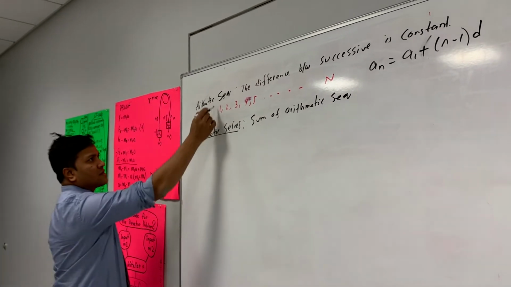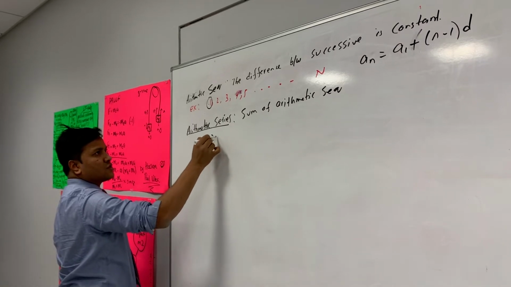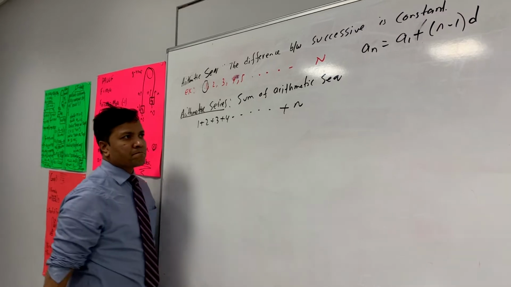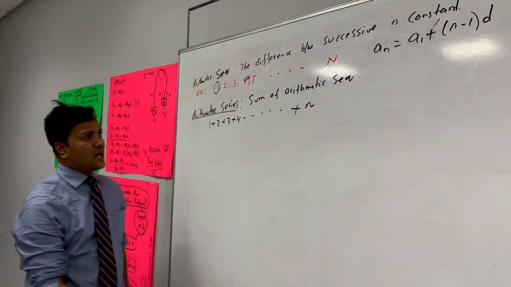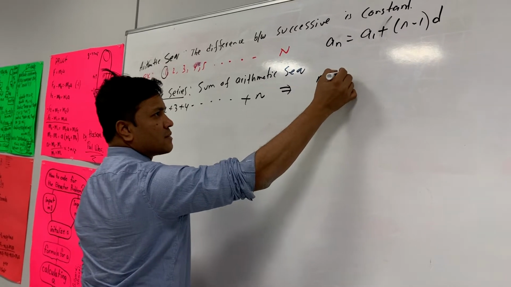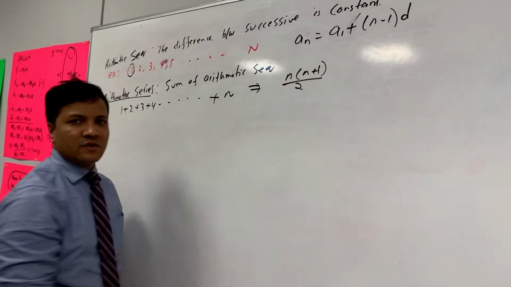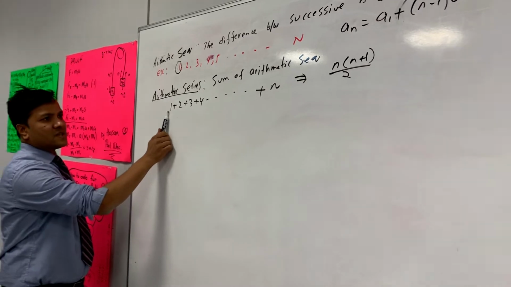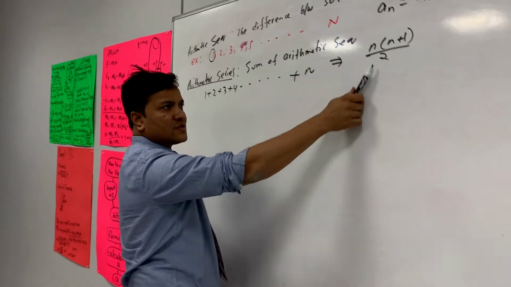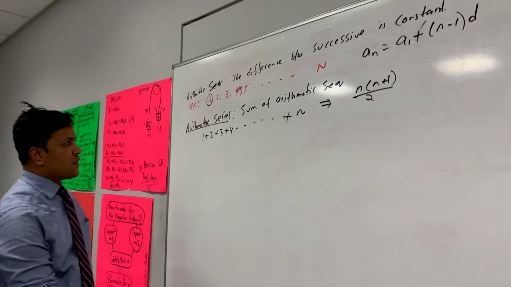What do I mean? You take 1 plus 2 plus 3 plus 4 up to n. Now how can you do that? So Gauss gave us this formula, n times n plus 1 over 2. This is the sum of all natural numbers, and this is the formula for that.